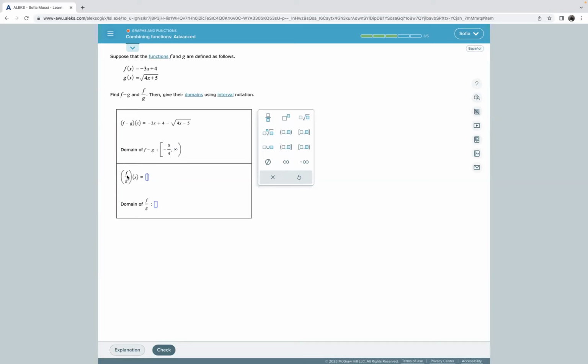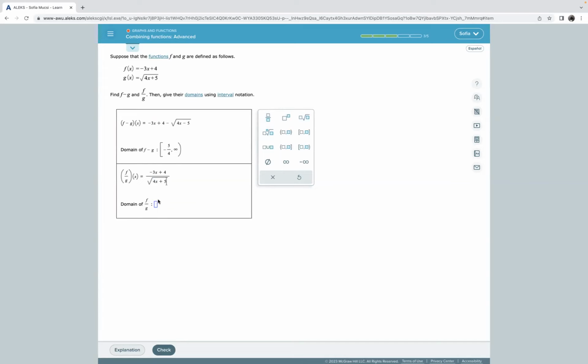I have it written as just the f, so it's just minus 3x plus 4 up top over. Put a fraction bar in first. It's 4, and then x like that. That looks good.